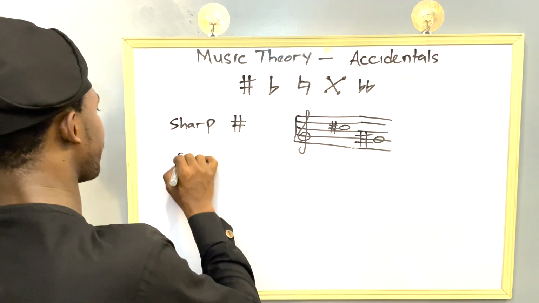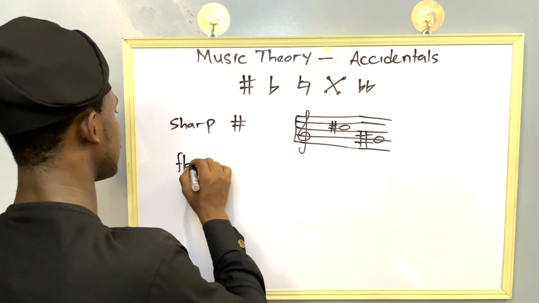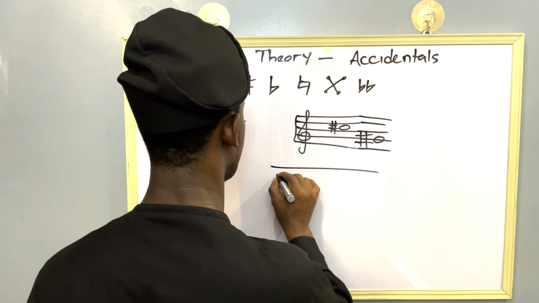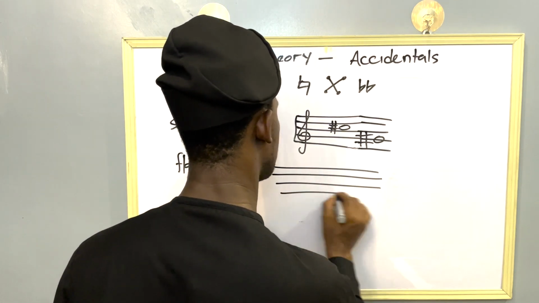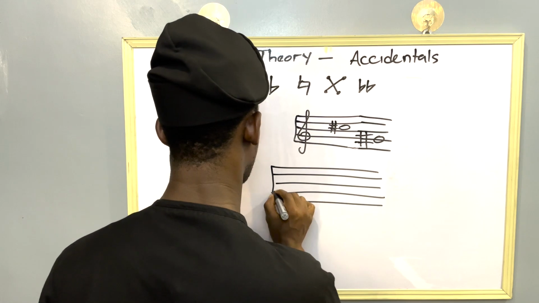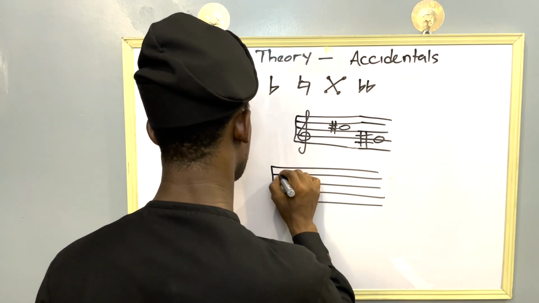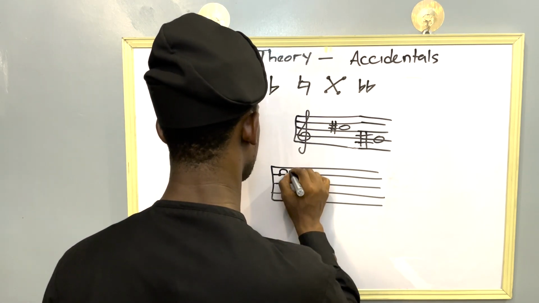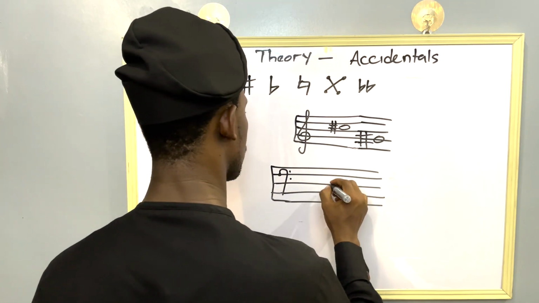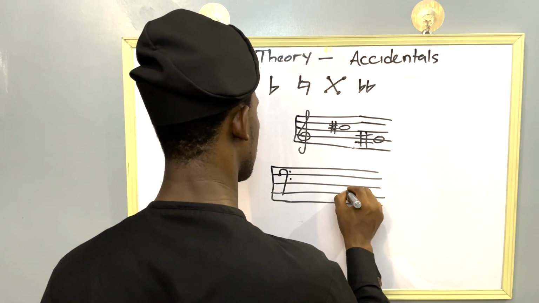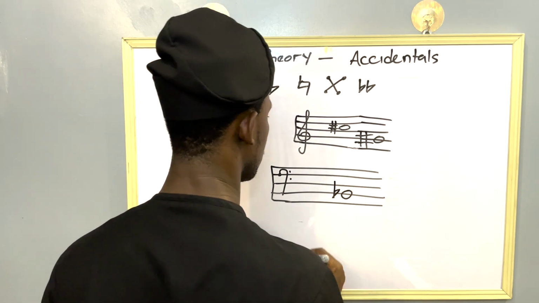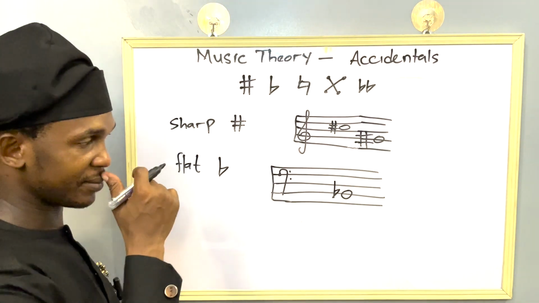The same thing goes for the flat, which is this sign. Whenever a flat is written in front of a note, let me use the bass clef for example here. We have this particular note and then we put a flat in front of it.